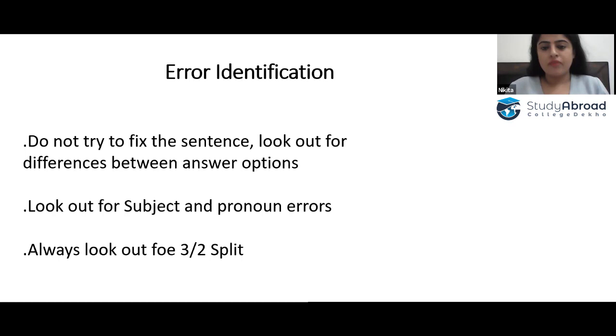So what you're supposed to do now is read the sentence, understand the meaning of the sentence, and do not try to fix it. Rather, have a good look at all the options that are present in front of you and try to trace down what differences those options are bringing in front of us.